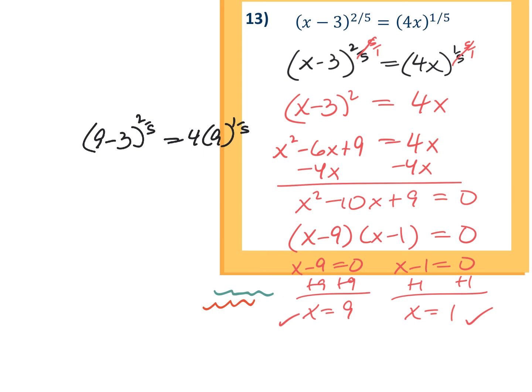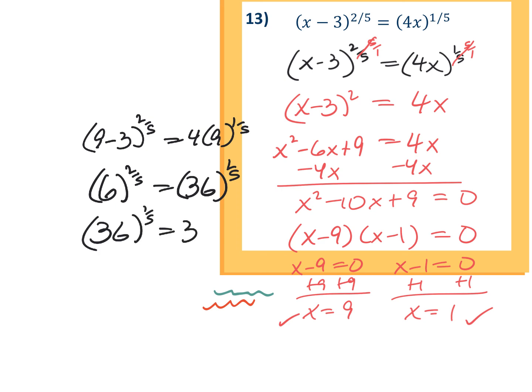And I get 6 raised to the 2/5 power. And then 36 raised to the 1/5 power. And then here what I can do is square the 6 first, because remember that's the exponent, and then the 1/5 is left, and now the two sides are equal.